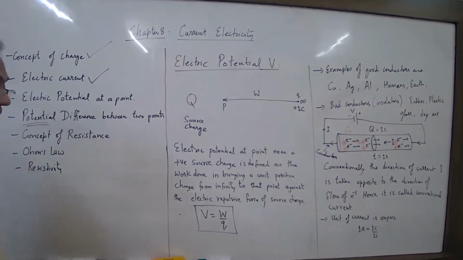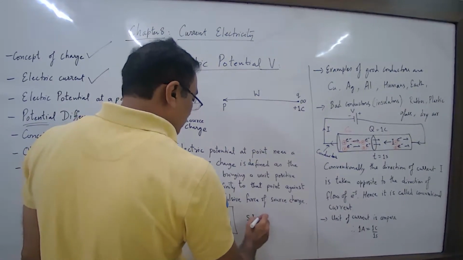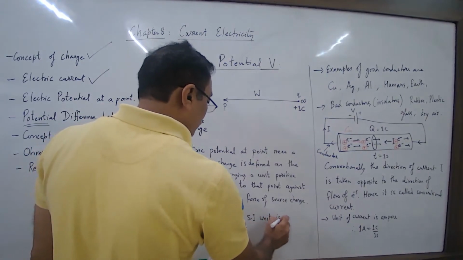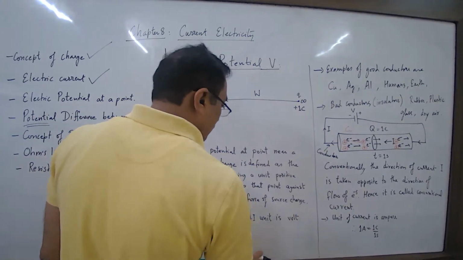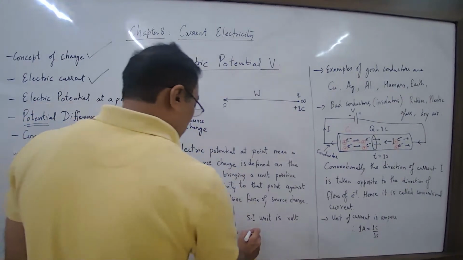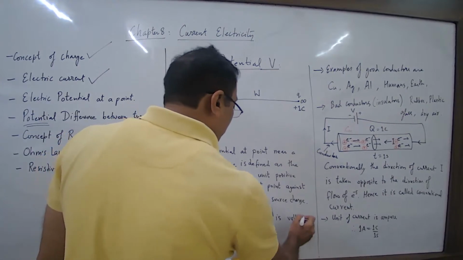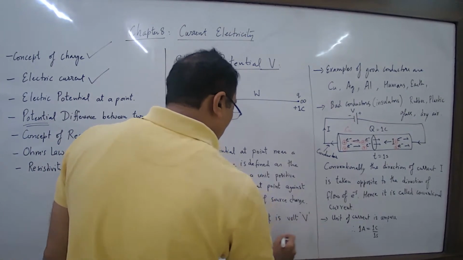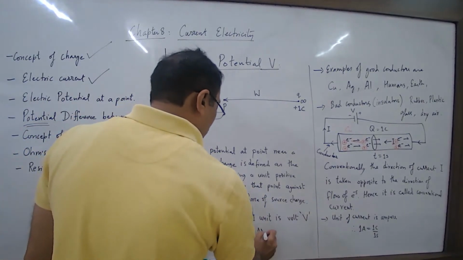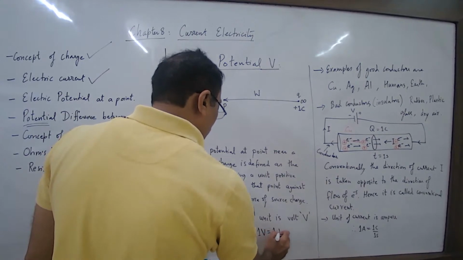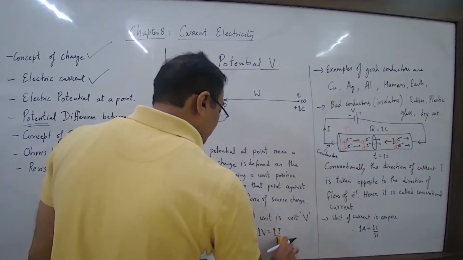Okay? So the unit of electric potential is the volt. The SI unit is volt, and the symbol is V. It is named after the scientist Volta. So 1 volt is equal to 1 joule per 1 coulomb.